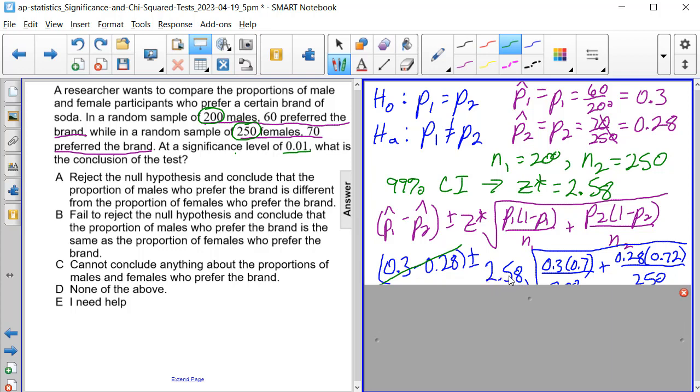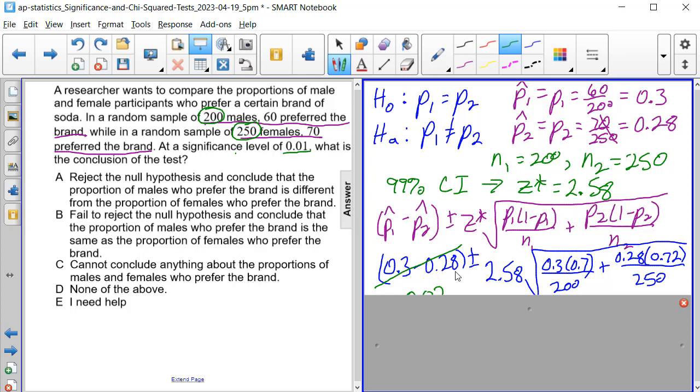We know that our z star value is 2 and 58 hundredths times the square root of 3/10 times 1 minus 3/10, which is 7/10, divided by 200, plus 28 hundredths times 1 minus 28 hundredths, or 72 hundredths, all divided by 250.